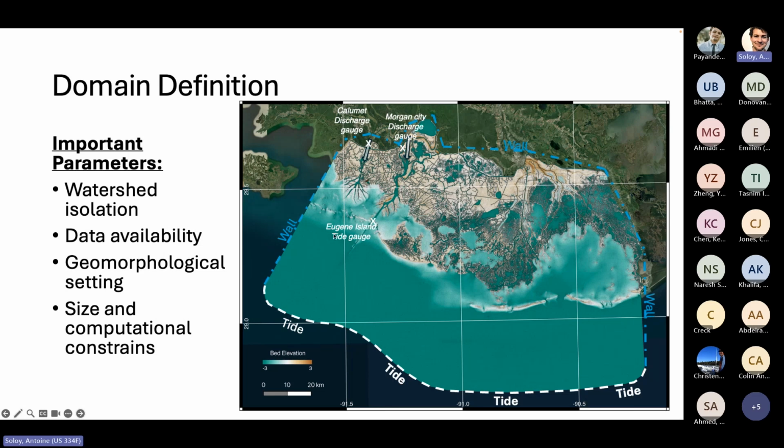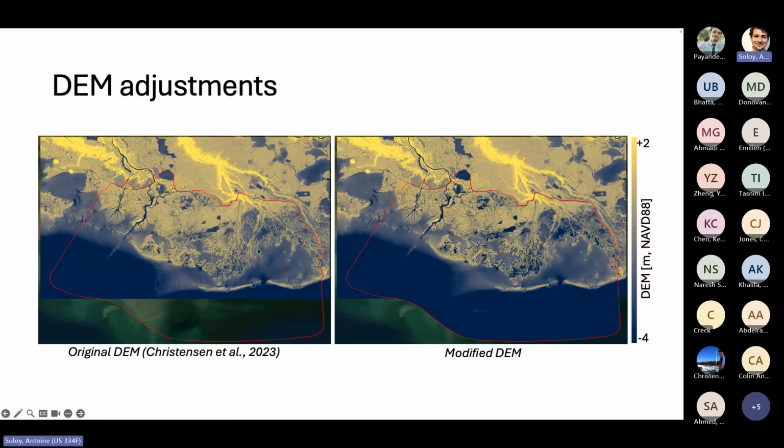We also are using tides here at Eugene Island, which are imposed all over the southern boundary here. You will notice that this boundary is not fully straight. It doesn't have to be, but it's another compromise that needed to be made here, because the DEM that you downloaded doesn't go as south as we would like.